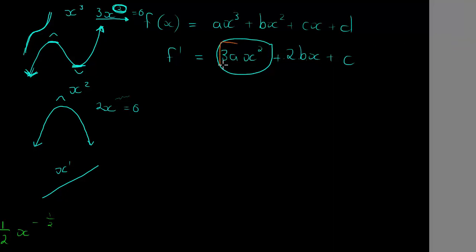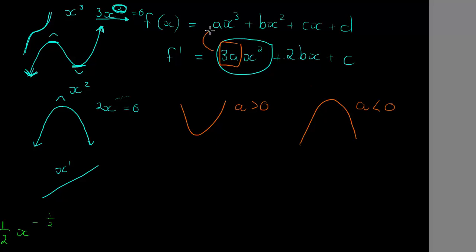The first part tells me the shape of my parabola. Is it going to be smiling or frowning? It determines what a is. Is a positive or negative? We know a positive a will make this 3 times a positive number, so it will be positive and give me the smiling face, and a negative a will give me the frowning face.